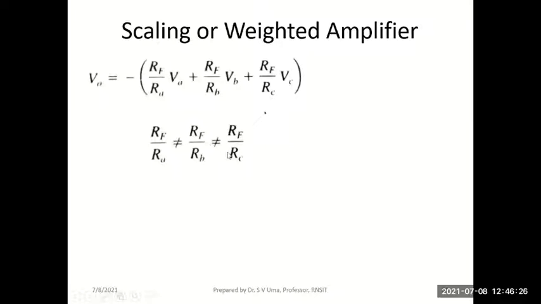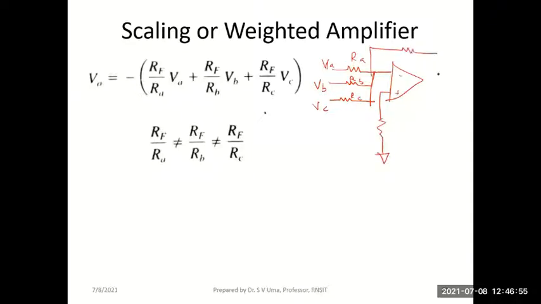See, the expression for output voltage for this circuit was... so we had the same circuit where you would give three input signals, VA, VB, VC, through RA, RB, RC, and you would generate the output voltage V0 at the other terminal, which was given by this expression.